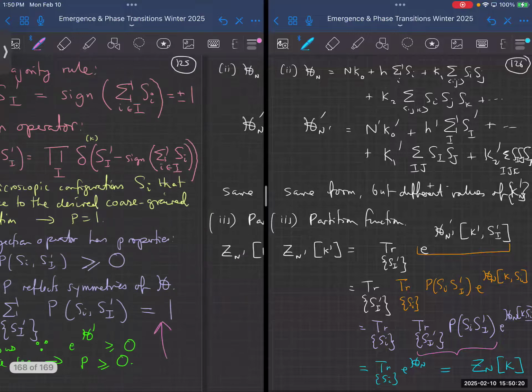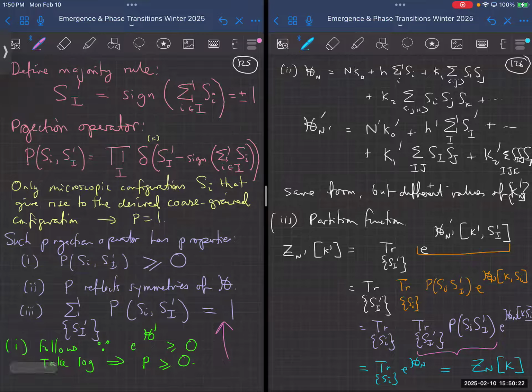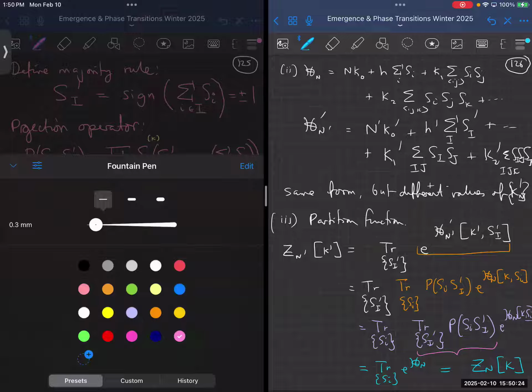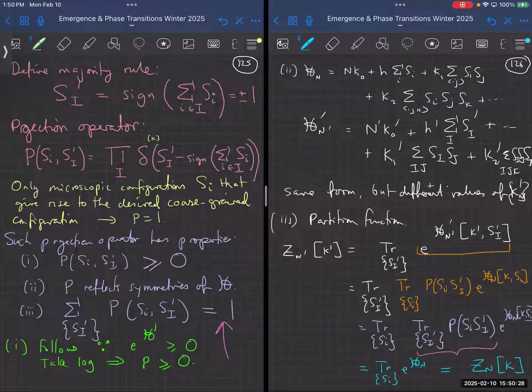So the crucial step in all of this was this formula here. You've seen this formula in quantum mechanics. In quantum mechanics, you know that if I have a complete set of states, then that is equal to 1. It's called completeness.